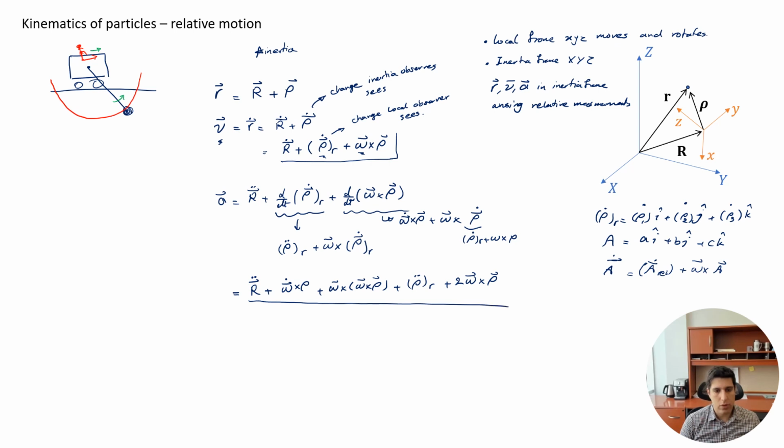This is extremely useful and very informative. Maybe let's take a moment to see what's happening. This one, R double dot, is the acceleration of the frame or acceleration of the observer. This is the angular acceleration component, angular acceleration effect.